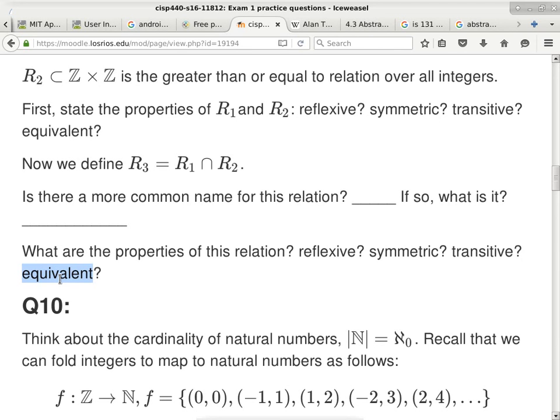When you say A relates to B, are you comparing the all natural set of Z itself, or what is A and B? Okay, so A R B, assuming R is a relation. Remember what a relation is. A relation is a subset of the Cartesian product of two sets.